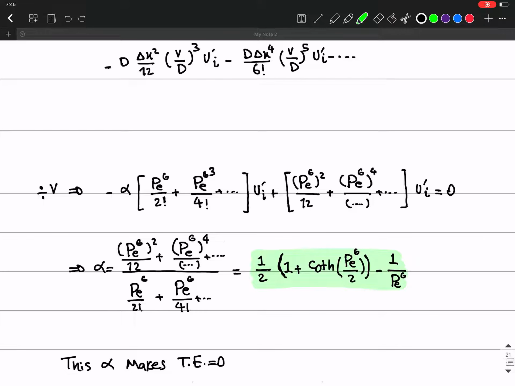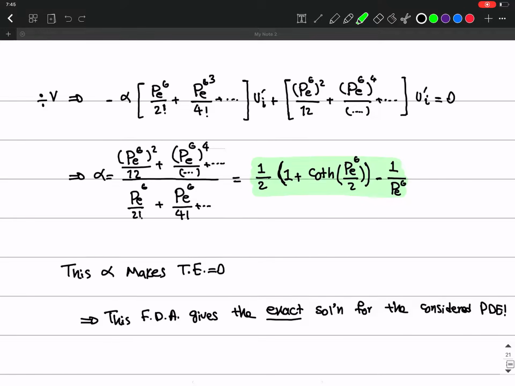We found you can write this as a sum or series, and simplify it based on this relation here. So this alpha is going to make the truncation error 0, and this finite difference approximation gives the exact solution for the considered PDE. So we were able to make the finite difference approximation exact by choosing this alpha value. Okay, thank you very much, everyone.